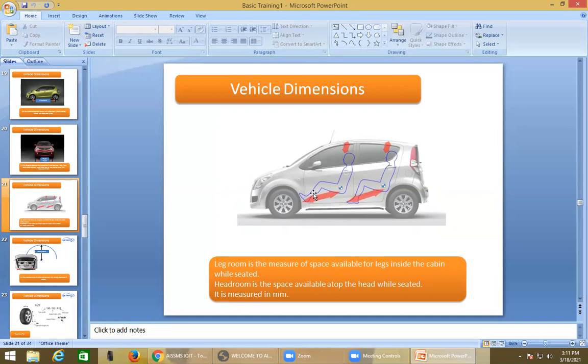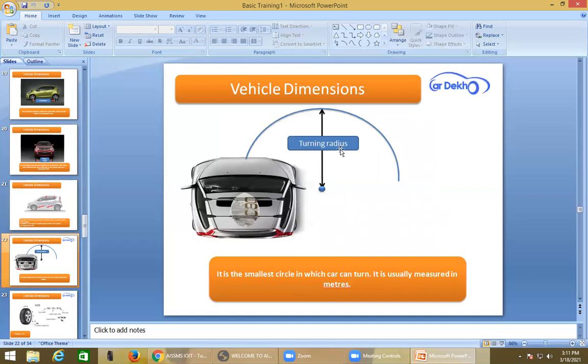See the leg room. Then what is headroom? Headroom is the space available atop the head while seated. It is measured in terms of millimeter. See the space which remains at the top of the head when you are in a sitting position. That space is called the headroom.